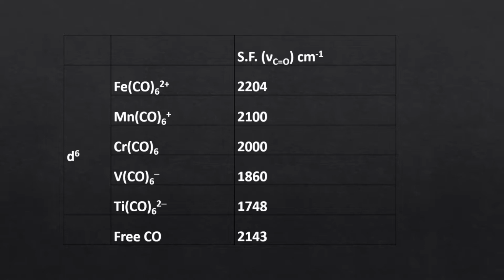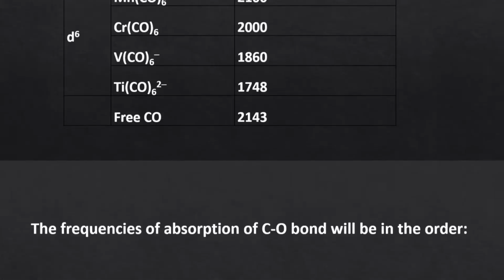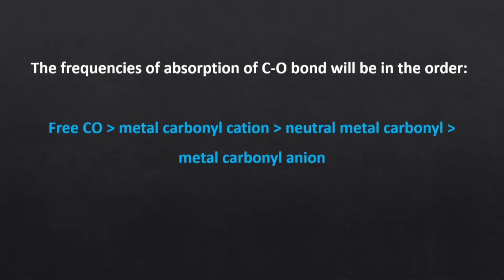So in this complex, the sigma donation tendency dominates over its pi acceptance tendency, which leads to an increase in the stretching frequency of the carbon-oxygen bond, even higher than in free carbonyl. Thus, it can be predicted that the frequency of absorption in IR will be in the order shown below.